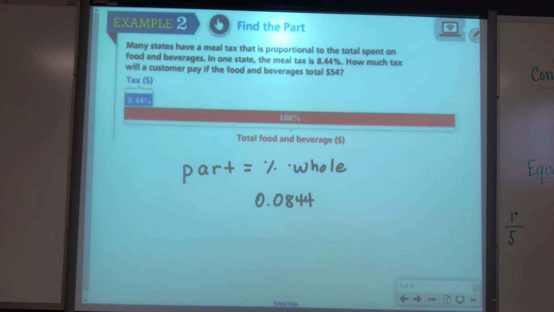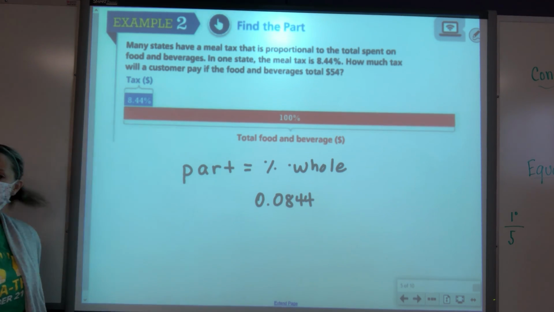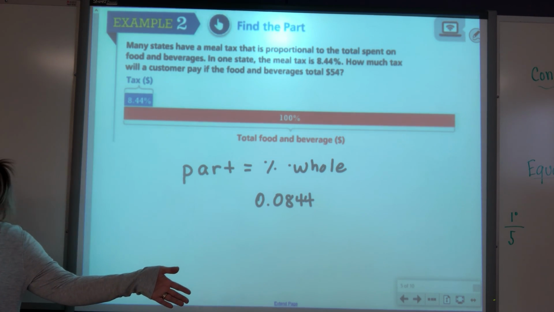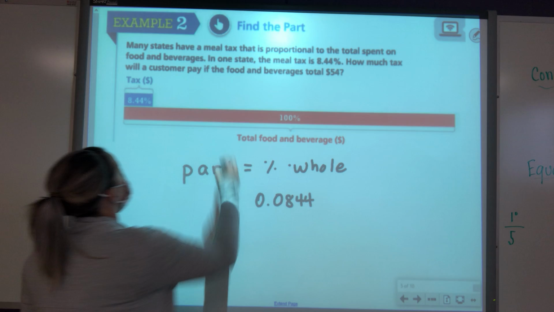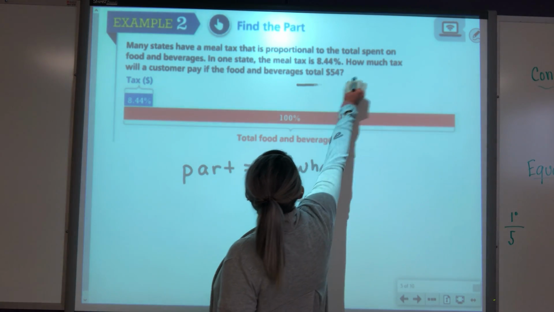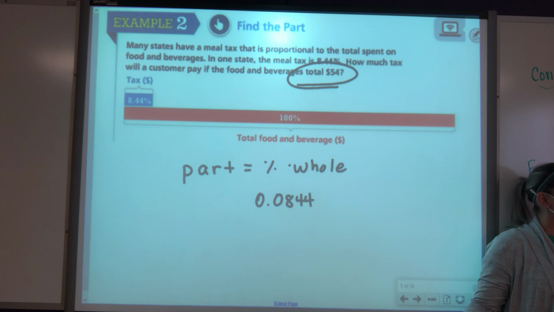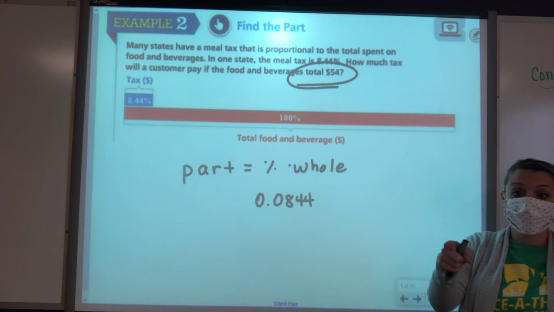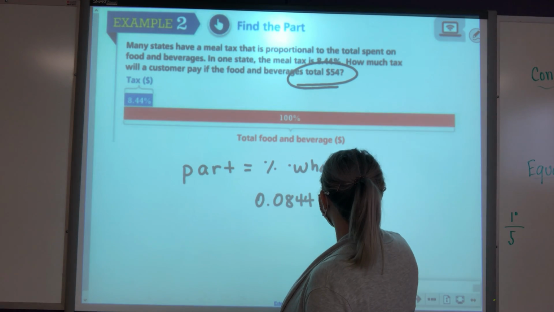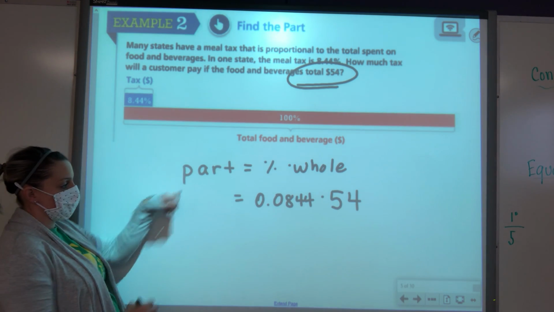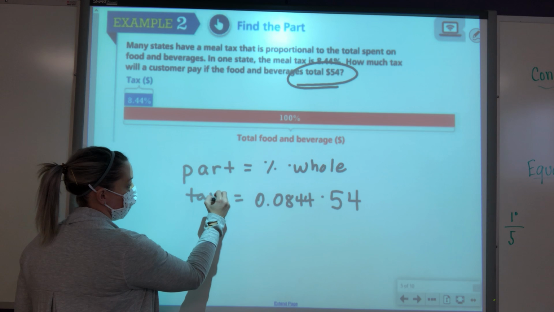I have to move my decimal to the left. How much are we paying for our meal? Is that all we're paying for our meal? That's our total bill, correct? So if we're saying a total of something, is that all of it? Yeah, so that's going to be our whole. So we're going to multiply that times 54. Our part is going to be our tax that we're paying on the meal.